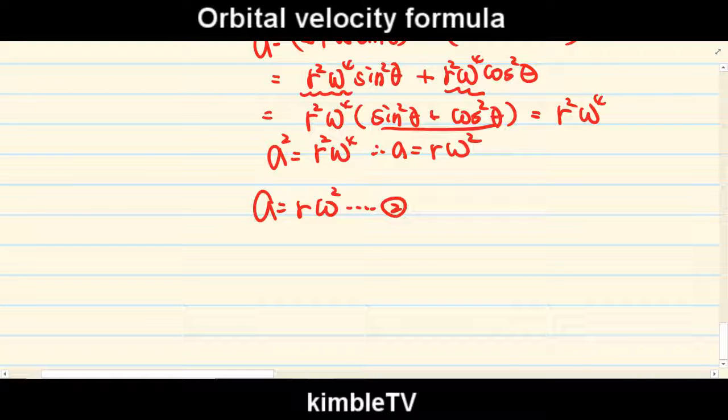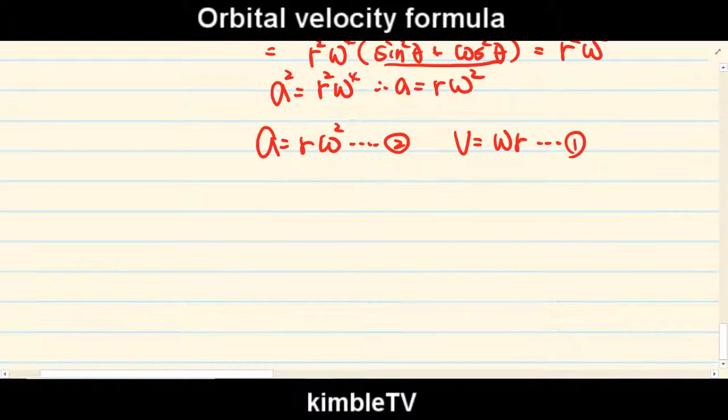This is equation 2. Equation 1 was v equals orbital velocity omega r. We can eliminate omega: omega equals v on r. Therefore, substitute this into this.